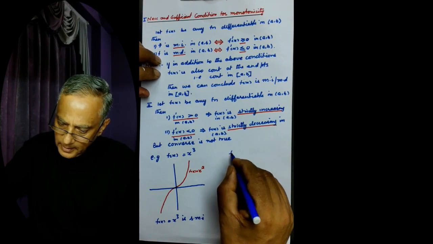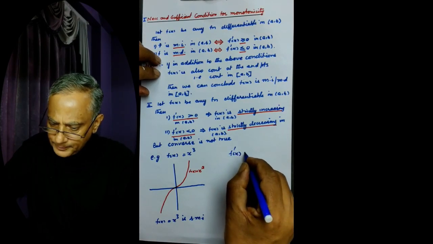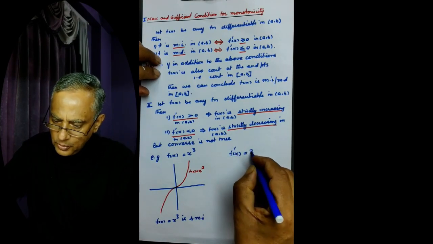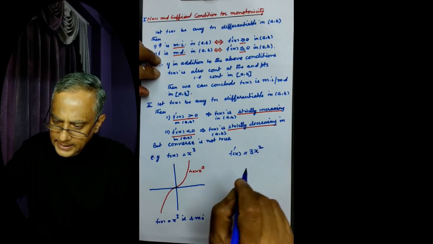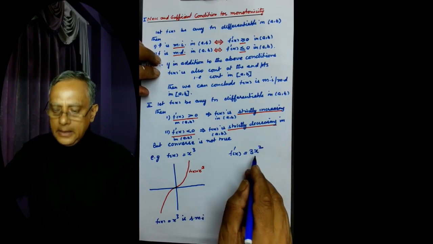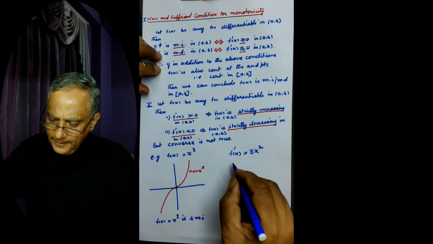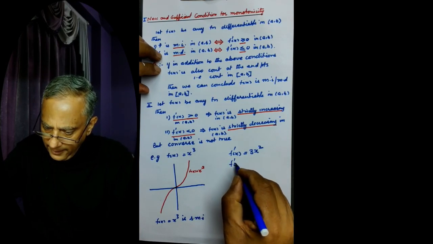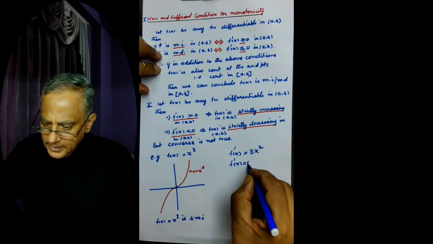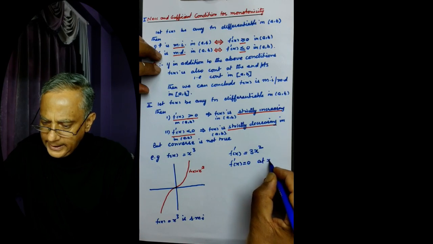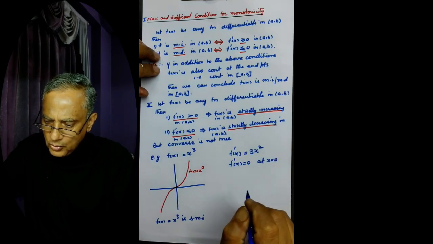But f'(x) is equal to 3x squared, and f'(x) is equal to 0 at x equal to 0.